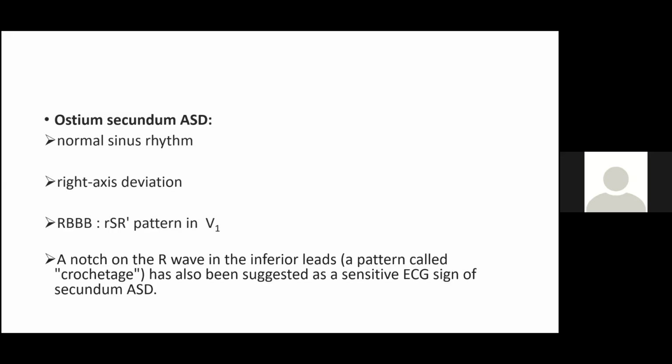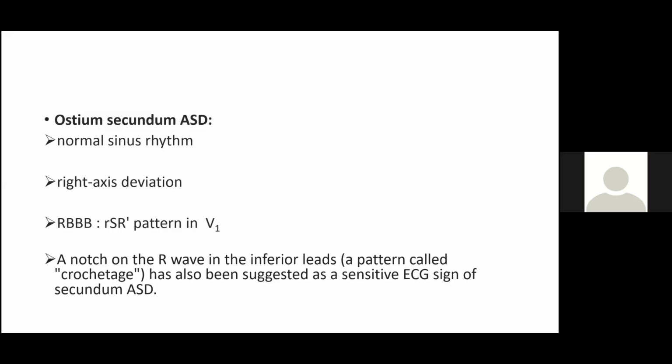It is very important for you to remember that the same physiology goes for sinus venosus ASD. The sinus venosus ASD. Remember the opening of either the IVC or the SVC is straddling over the roof of the entire septum.